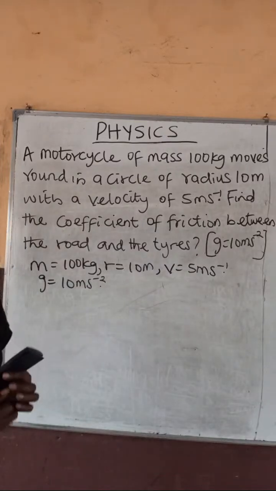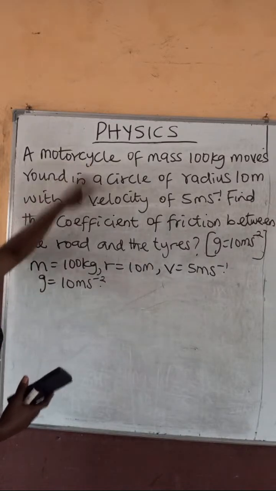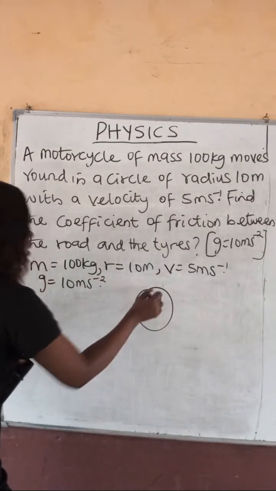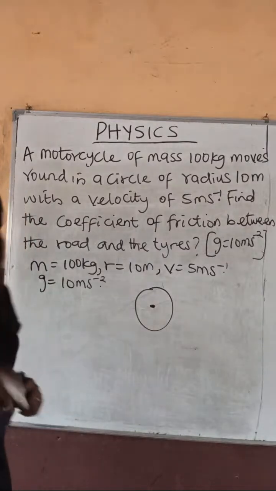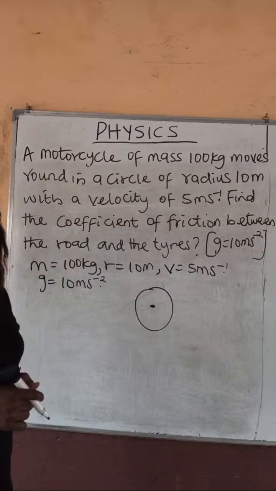Now there's something you must know. This object, which is a motorcycle, is moving around the circle. And once you move around the circle with a speed, we are looking at what? Centripetal force.